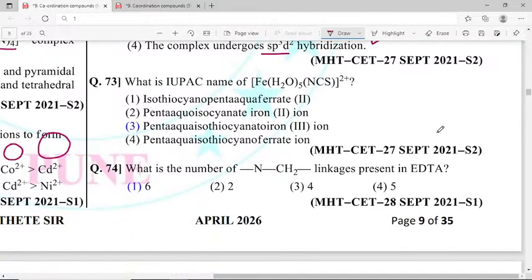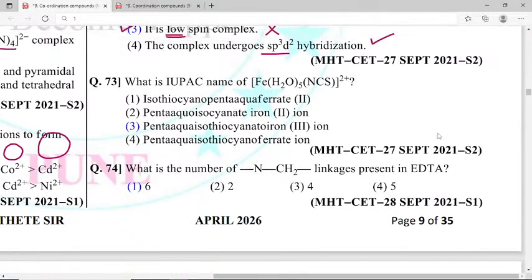What is the IUPAC name of [Fe(H2O)5(NCS)]2+? So this is pentaaquaisothiocyanatoiron, oxidation state plus 3. How to calculate the oxidation state here?